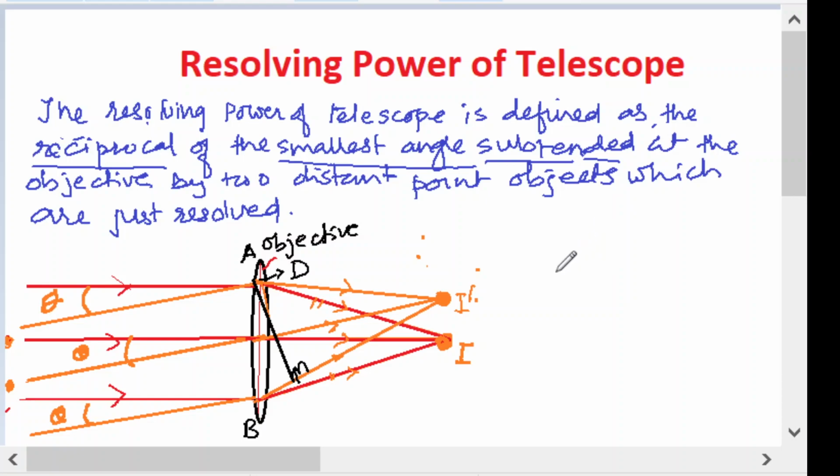Okay, so now this is the small angle, or the smallest angle subtended by the two point objects at the objective. So this is called the smallest angle, that is theta.